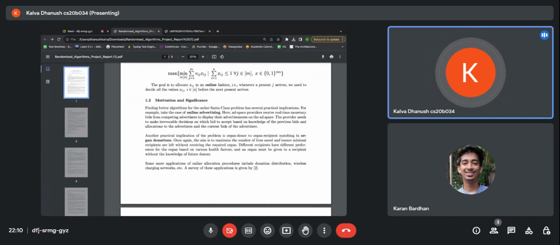Another more practical application would be organ donation, where once again we have a set of patients waiting for different organs, and the different valuations come in via different blood groups or different compatibility of the organs themselves. So there's a bunch of patients waiting for an organ, and then we have an organ donor.